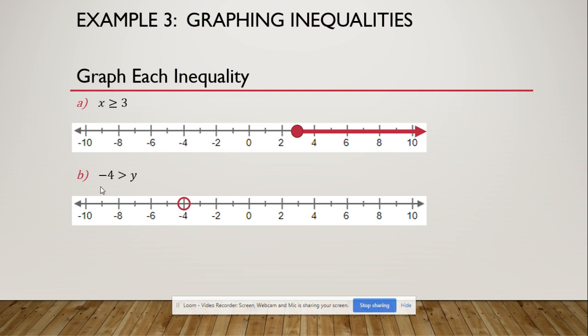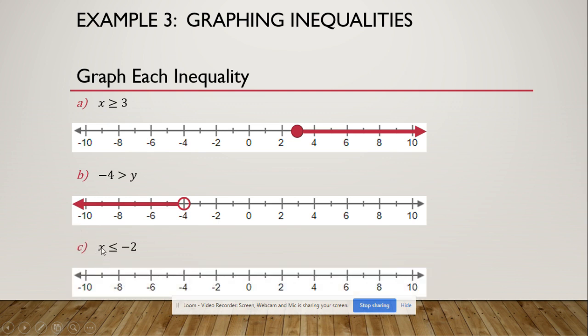Now, y has to be less than that -4 because the -4 is greater. So I want to think of numbers that would be less than, numbers that would be colder. -10 degrees would be colder than -4 degrees. So going over in this direction is where we'd identify all of our solutions.